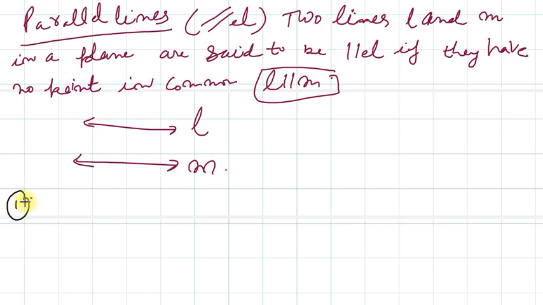First, an infinite number of lines can be drawn to pass through a given point in a plane. So if I draw a point here, we can draw an infinite number of lines from this point.